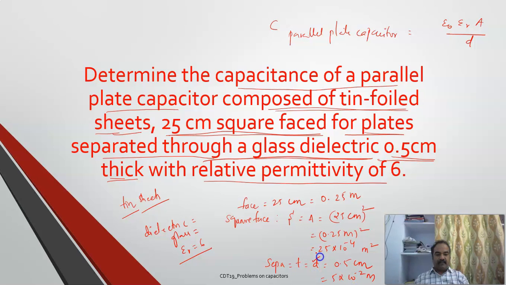See, d is there, A is there, epsilon r is there, and epsilon naught also, you know the value. What is it? It is 8.85 into 10 to the power of minus 12. So if you substitute, you will get directly the value of capacitance of the parallel plate capacitor.